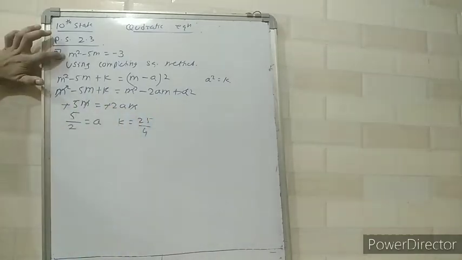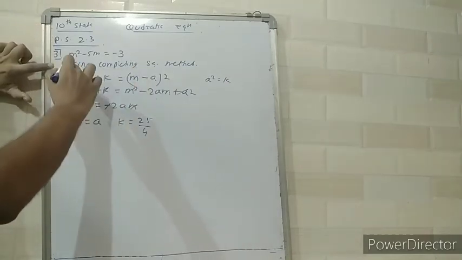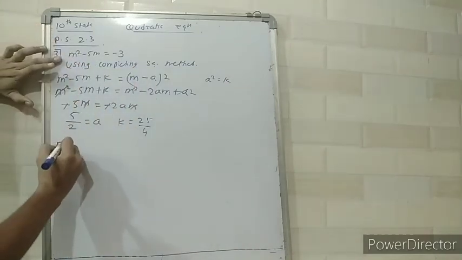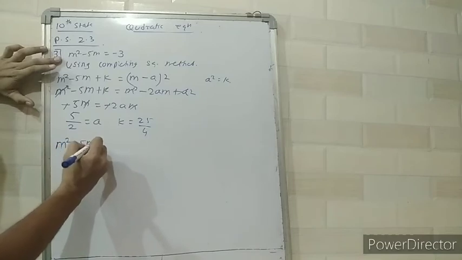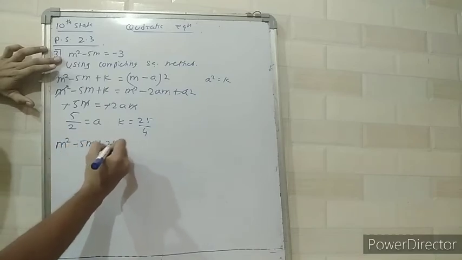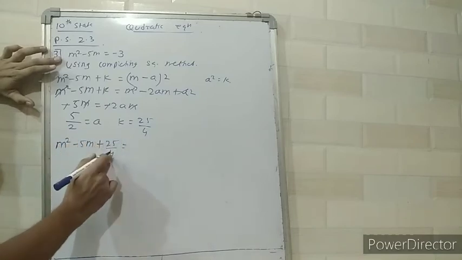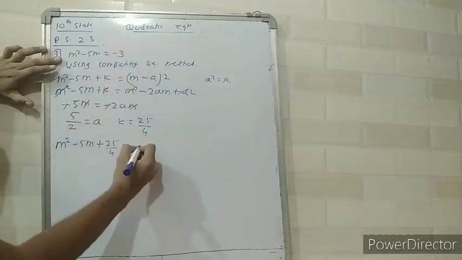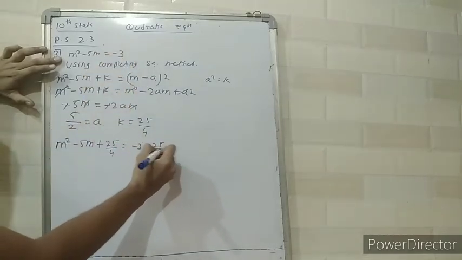So after this step, wherever I am using the completing square method, one step above that, we have m square minus 5m plus 25 upon 4. Adding 25 upon 4 on the left hand side as well as the right hand side.